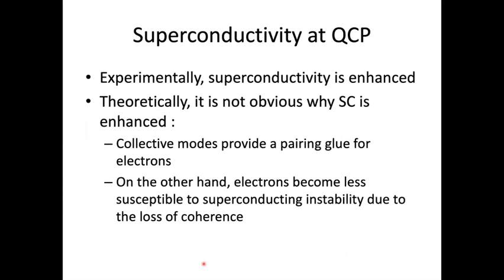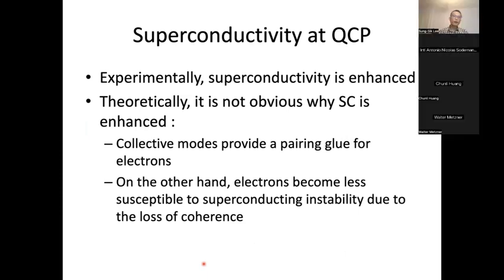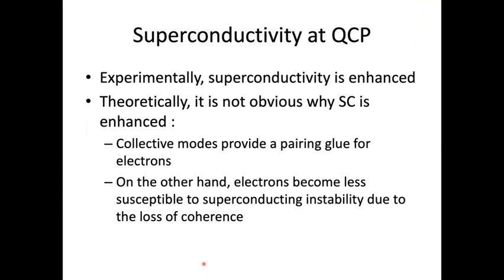And there is also an interesting enhancement of superconductivity at quantum critical points. The conventional lore is that at a quantum critical point, superconductivity is enhanced because those collective modes act as a glue that binds electrons more strongly into Cooper pairs.